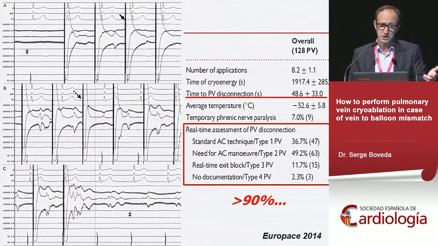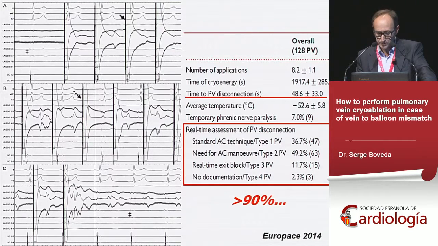Sometimes you don't see the PV potentials well, but you are assessing the exit conduction, and you can see that, like here, we are pacing inside the vein, we are capturing the vein, and then you can see the change in the P wave. We are capturing the left atrium while freezing, and you can see the increasing distance between the spike and the QRS, and finally we lost the capture of the left atrium, and we obtain here an exit block.